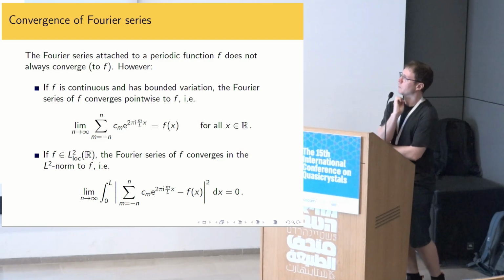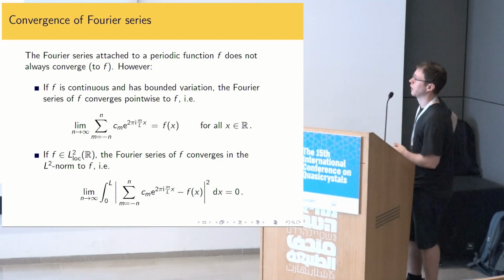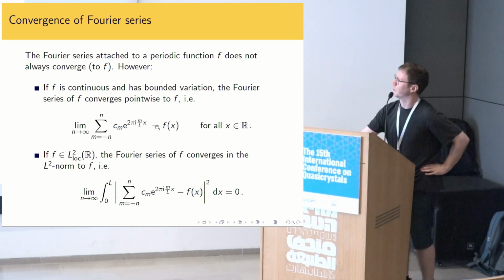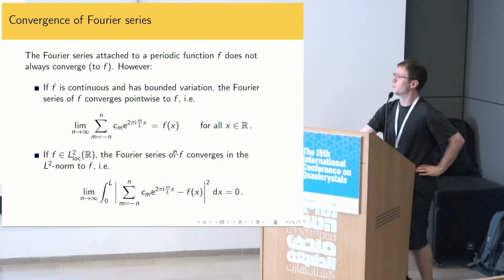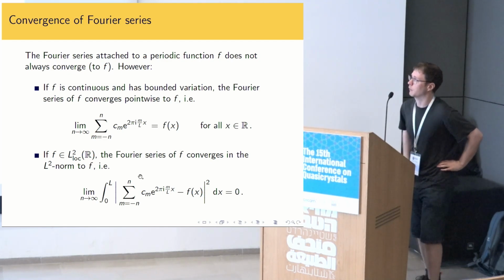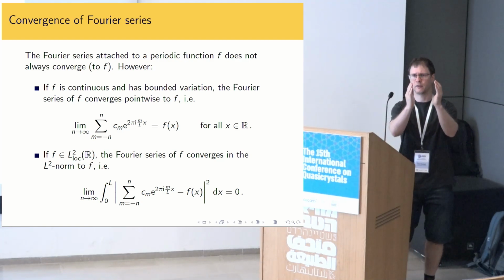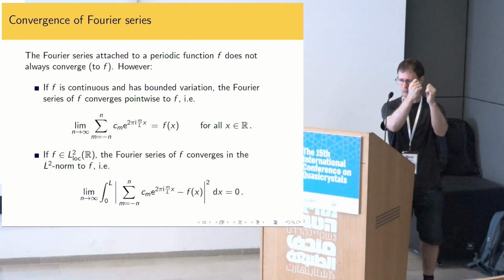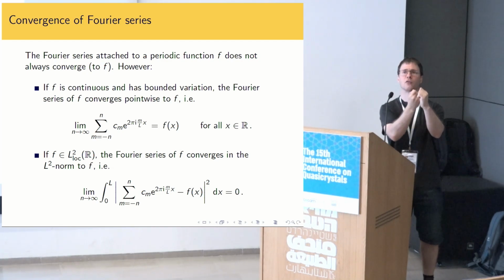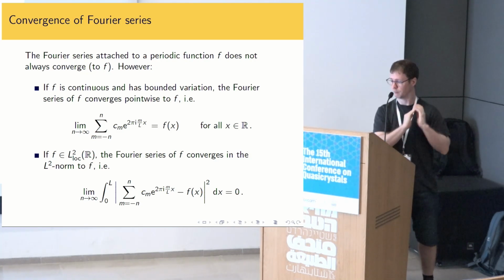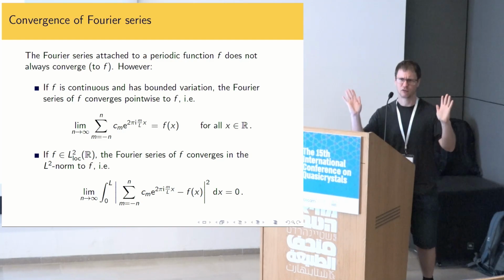Okay, but even if we are not in this nice situation, we still get, in many cases, a different kind of convergence. If, for example, f is in L 2, which just means I take an interval, I take the modulus squared of the function, and then it is integrable. The modulus squared of the function is integrable over every compact interval. So, for example, bounded functions.